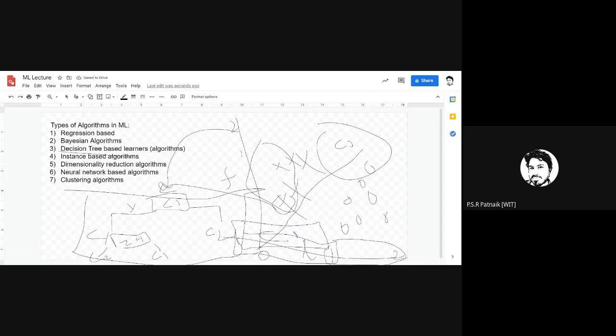The main goal is to construct a tree which can predict the class for newer instances. These are called decision tree based algorithms. And frankly speaking, these are very popular, and are used very extensively in real world applications as well.